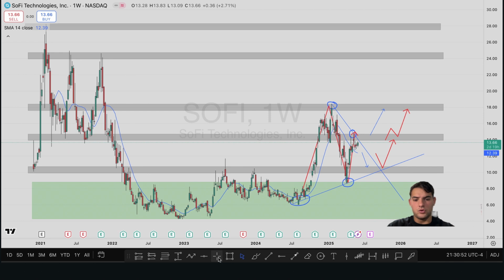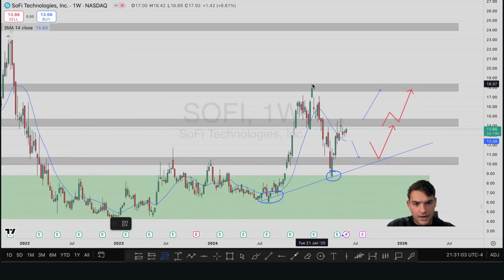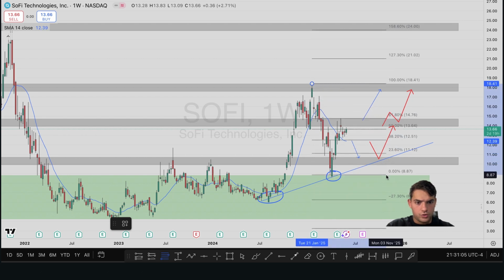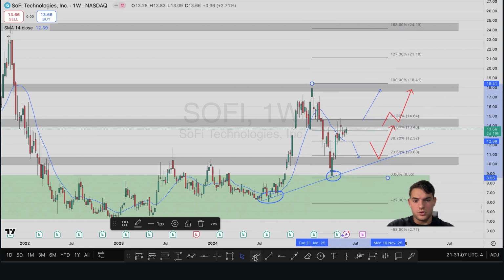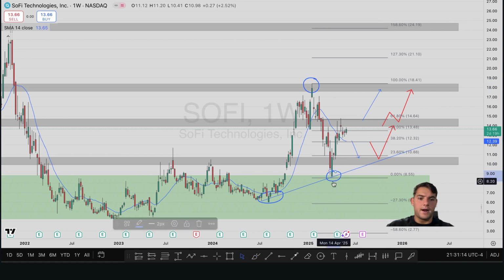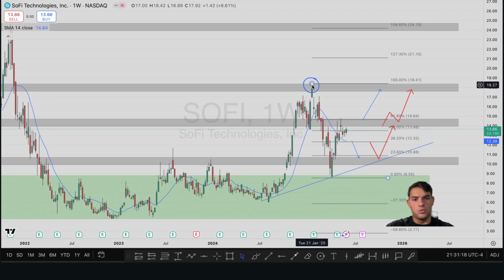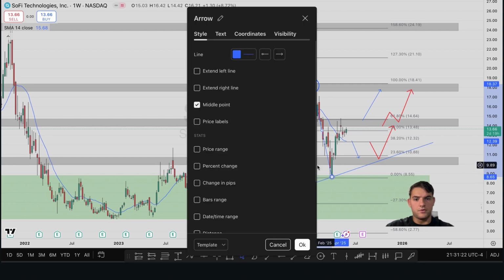Another thing is I was working this out and then I saw something else. Let me delete this. I put a fib from this high over here to this low right over here. With fib, I always work from a high to a low, or a low to a high. In this case, I'm working this whole move down, from this high to this low.